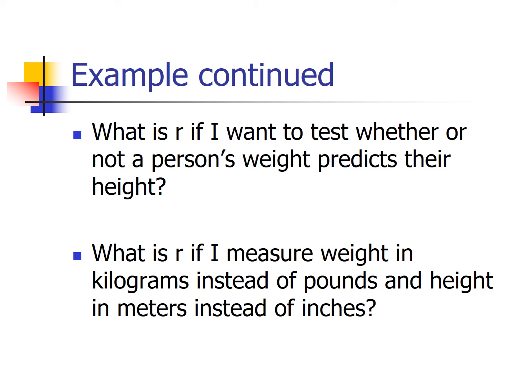Of course, we said this like 4 or 5 slides back. It's going to be the same. It doesn't matter if you switch your x and y. What's the correlation if we measure the weight in kilograms instead of pounds, and the height in meters instead of inches? That's right. We said that a few slides ago too. It actually doesn't make a difference. The correlation, again, stays the same. It's still 0.8.